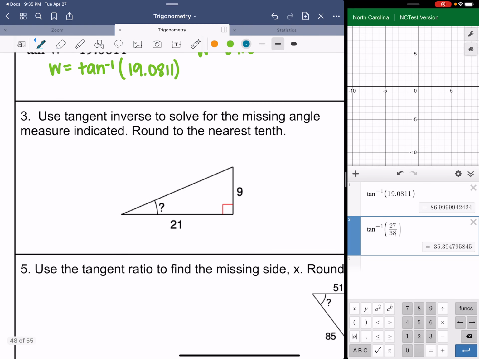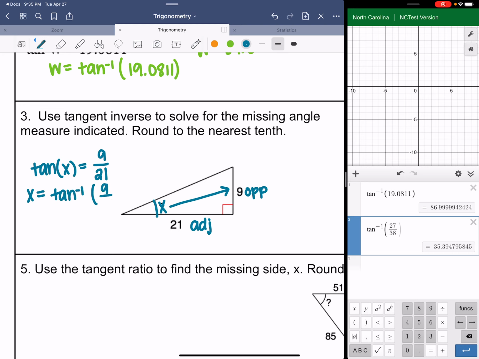Example 3, we have our missing angle x, we have the opposite side and the adjacent side. So the tangent of x is 9 over 21, and angle x is equal to the tangent inverse of 9 over 21.